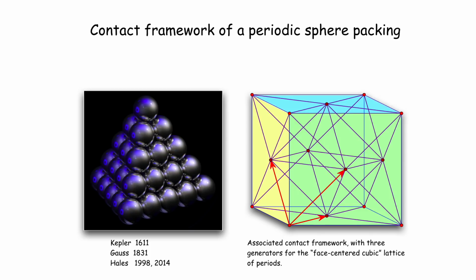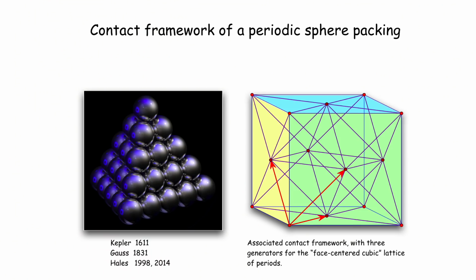Another source of periodic structures comes from sphere packings. So sphere packings have been imagined since the time of Kepler, and the dates here indicate a summary of the famous conjecture he made that the densest stacking of spheres of the same radius is this kind of stacking.